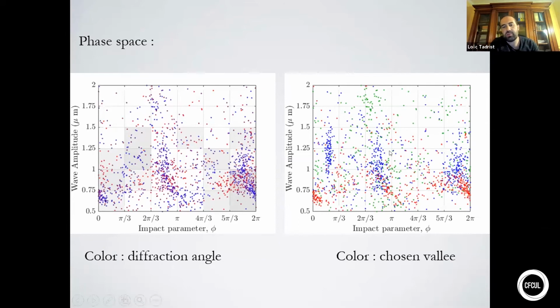The image on the right corresponds to the chosen valley in three colors. Blue is valley 1 on the bottom, green is in the middle, and red on top. As you can see, there are spots where there are only blue points, only green points, or only red points. There are also some parts of the phase space where it's mixed. So basically, it tells us that it's deterministic in the choice of the valley, but then it's chaotic for the choice of the diffraction angle.